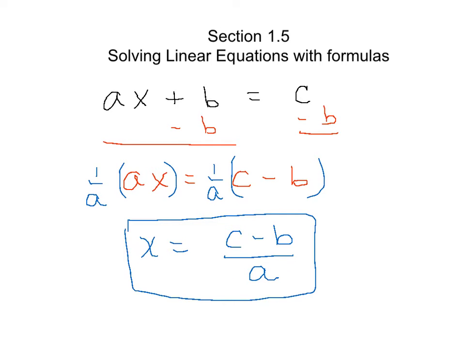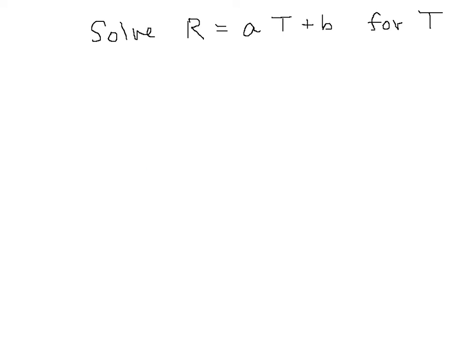Alright, so let's look at another example. So take a look here. In this case I have this equation and I want to solve it for t. In other words, isolate t. So in order to do that, what I want to do is get rid of this b, and I'll just rewrite the sides, and so that gives me a times t is equal to r minus b.